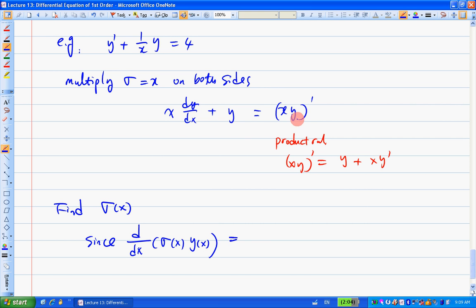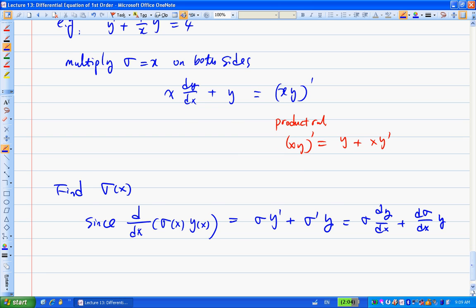Just like the example, where I used the product rule to verify, over here we try the same thing. Let's expand this using the product rule, and that gives us sigma y prime plus sigma prime y. If I write it using d, that's d sigma over dx times y.